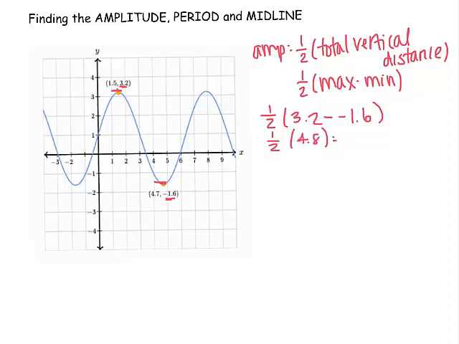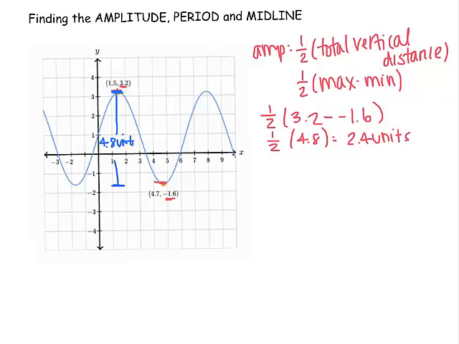That's really telling you that from this maximum all the way down to this minimum is a distance of 4.8 units. The amplitude is going to be half of that, so the amplitude is 2.4 units.